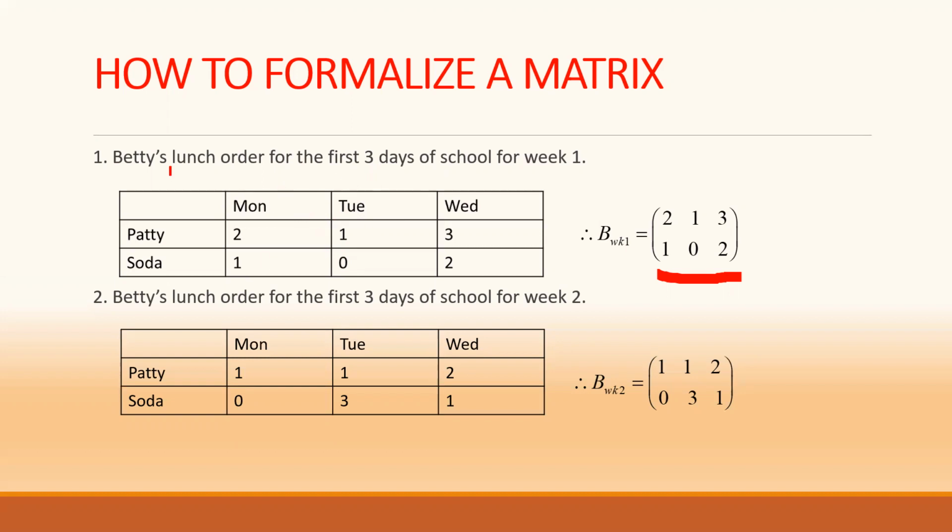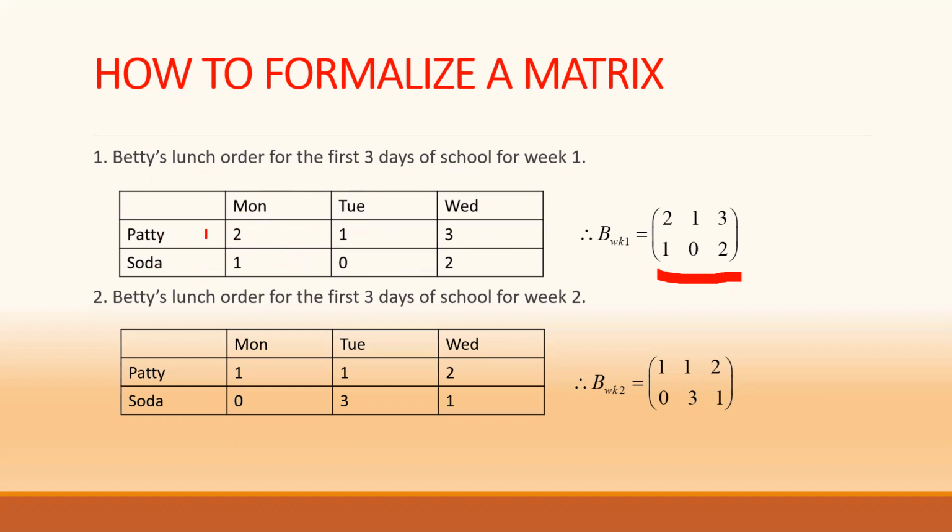So here, for example, Betty's lunch order for the first 3 days of school for week 1. So this data table is showing Betty's lunch order for the first 3 days of school in week 1, right? So we can see that there's a row having the number of patties that she had for lunch, and row 2 showing the number of sodas she had. However, the columns are showing the days in which she had these items, right?